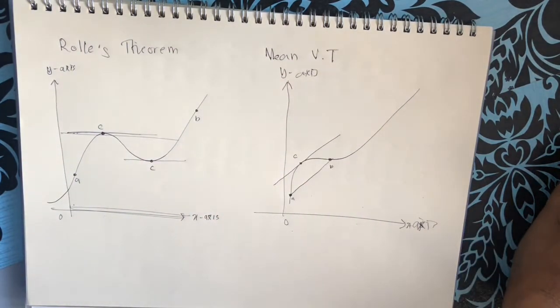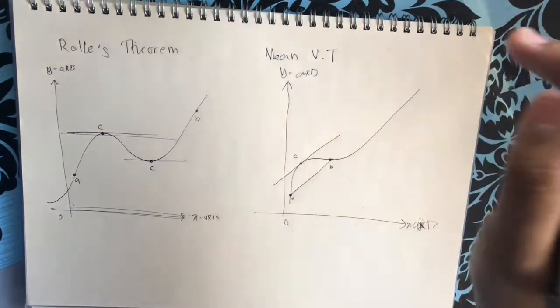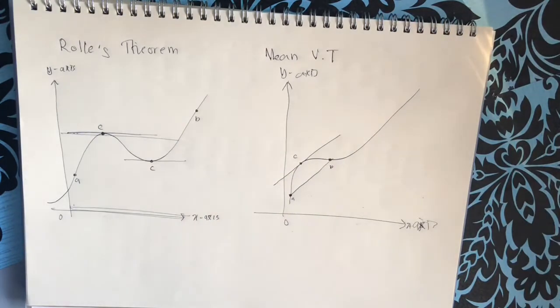For the mean value theorem, the tangent must be parallel to the line connecting any 2 points. From the explanation, you can clearly see that the critical point c for Rolle's theorem is parallel to the axis, while for the mean value theorem, the critical point is parallel to any 2 points on the curve that are connected to each other.